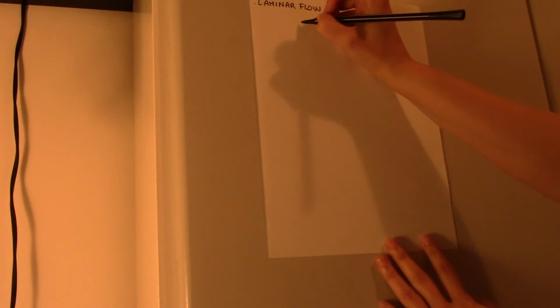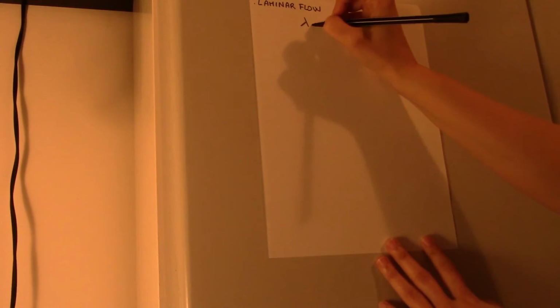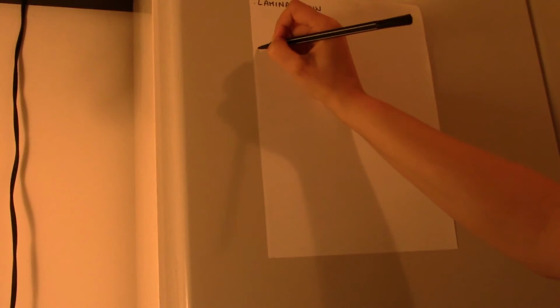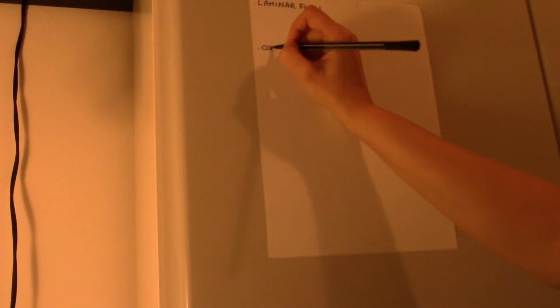And comparing what we got for Darcy-Weisbach to Poiseuille's law coming from Navier-Stokes, we said that the first resistance law is that lambda is equal to 64 over Reynolds, where again Reynolds is the density times the velocity of the flow times the diameter of the pipe over the dynamic viscosity.